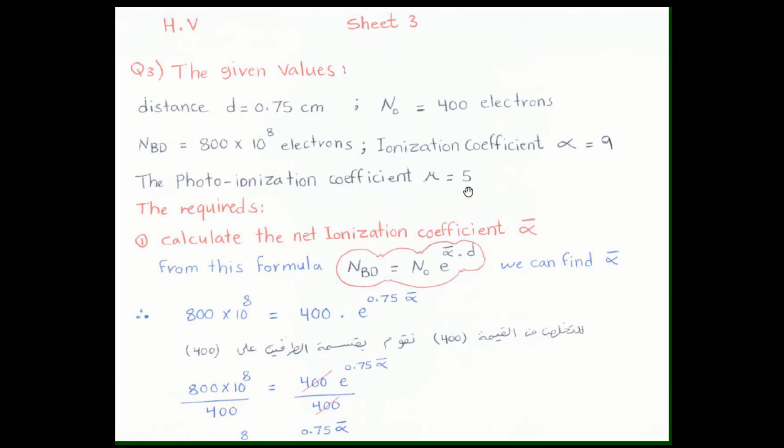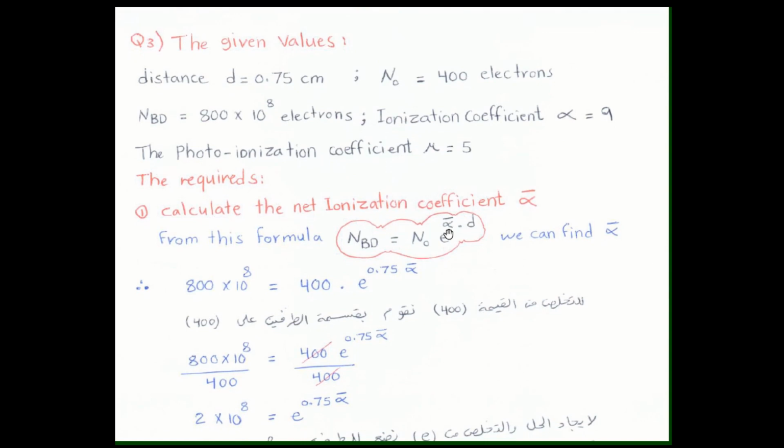The first requirement is to calculate the net ionization coefficient. From this formula, NBD equals N0 e to the power net ionization into the distance, we can find the net ionization.